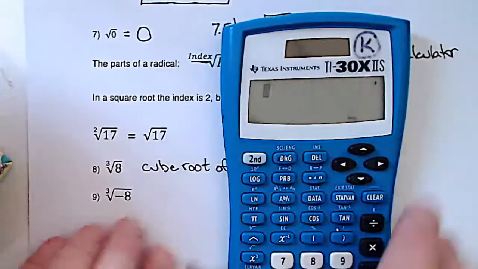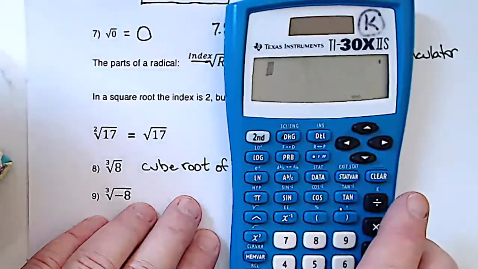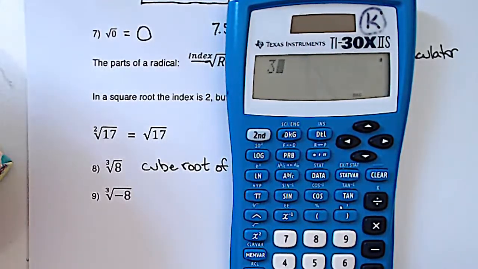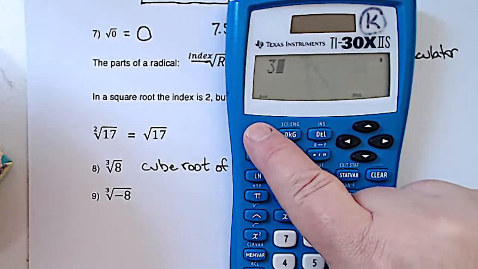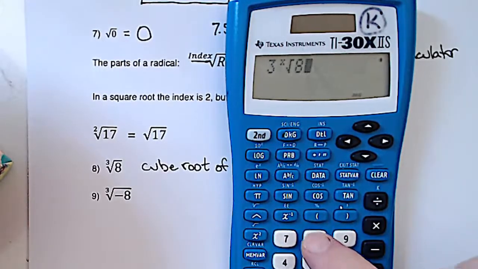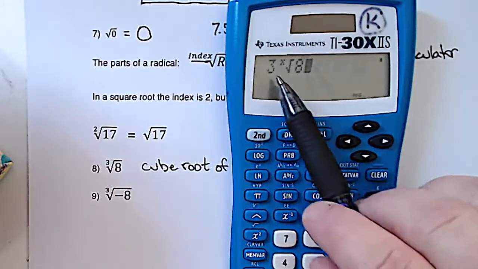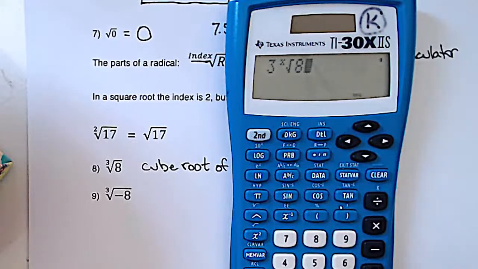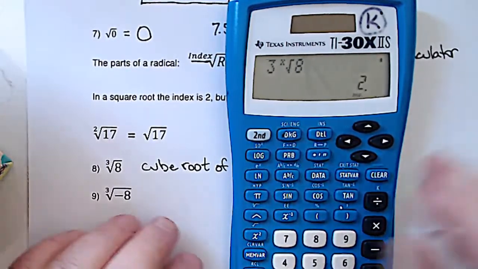So what I believe I would do is press 3, and then second, and then this key, and then 8. So I did the cube root. Can you see that? The cube root of 8, and it tells me it's 2. So that's on my calculator.